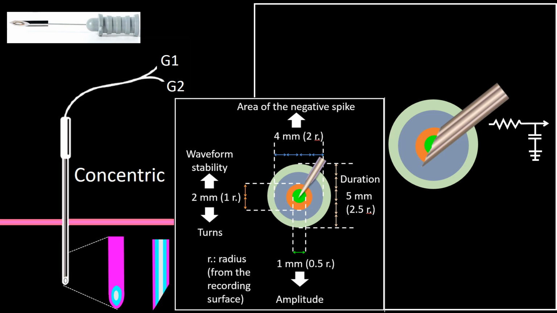Notice that the uptake area for amplitude in green and the uptake area that influences waveform stability and turns in light brown are half the size in the concentric needle than in the monopolar needle, whereas the areas that influence the negative spike area and duration have the same radial expansion in the concentric and monopolar needles.